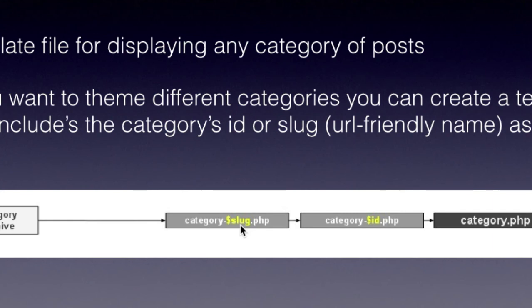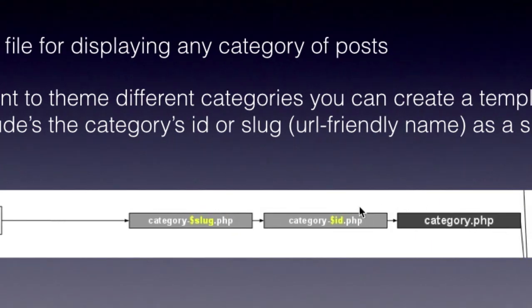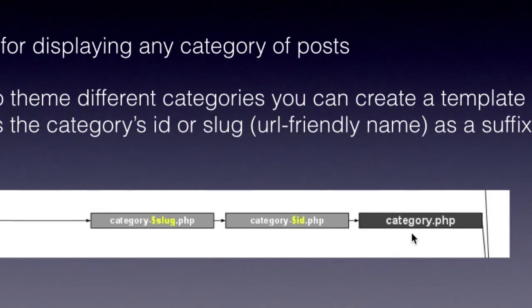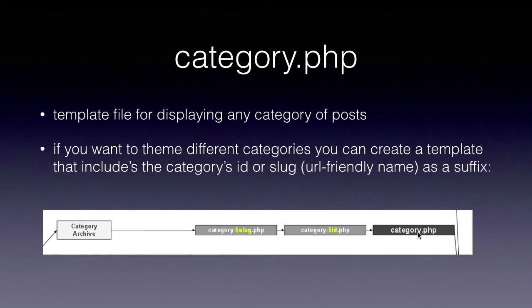So you can either specify this based on the category slug or the category ID. The backend will also show you the ID of any category that you create. And then if there is no specific template for a given category, then it will fall back to category.php and then ultimately back to index.php.